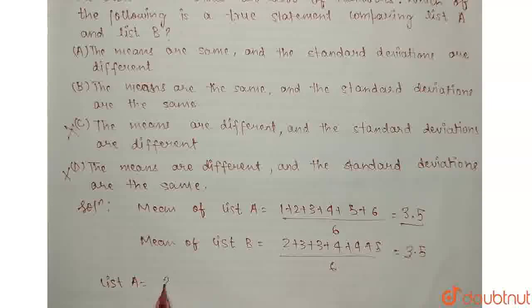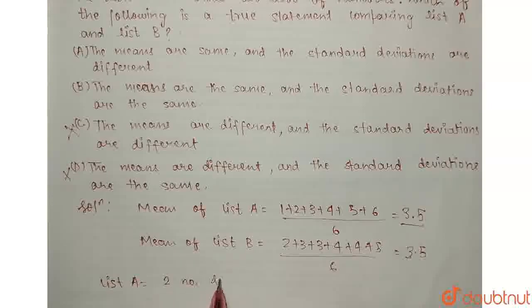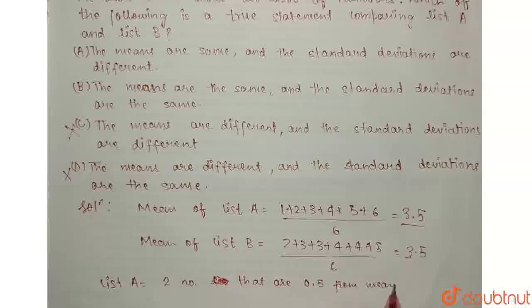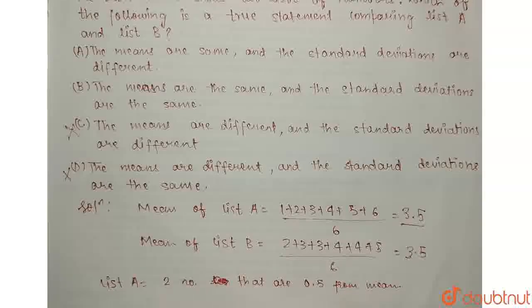Okay, so there are two numbers that are 0.5 from the mean, and these are 3, 4.